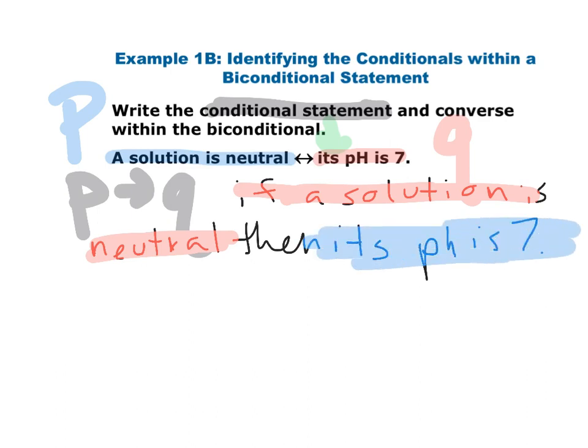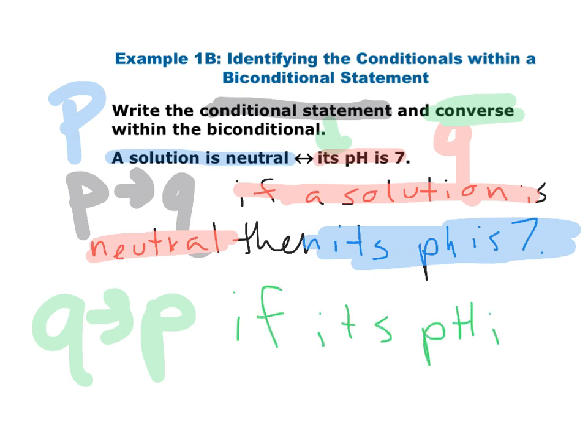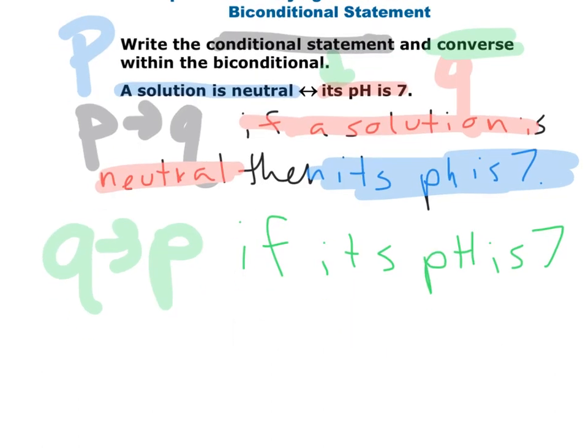So now let's write the converse. So in the converse, we flip them. So we write Q, then P. So this would be if its pH is 7, then a solution is neutral.